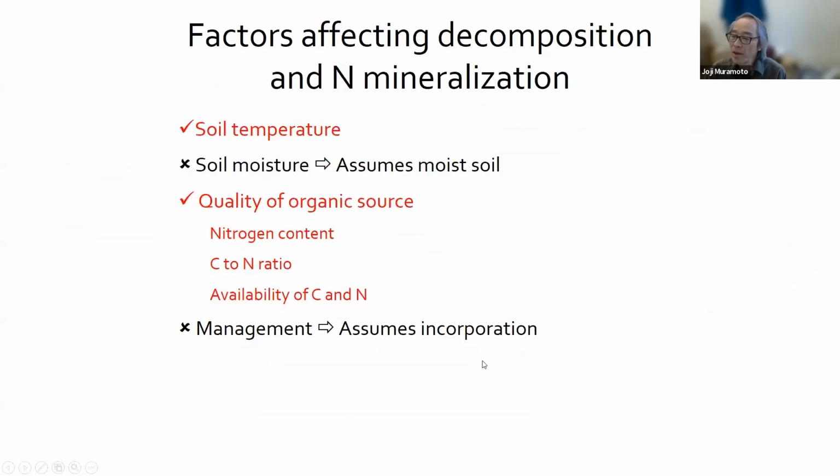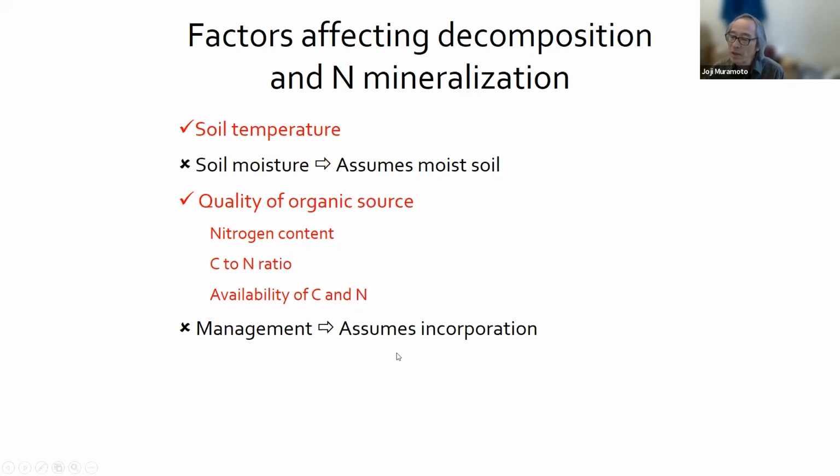Daniel's simulation model assumes soil temperature and soil moisture are consistent, because most of the time when you are growing crops, you irrigate and keep the soil moist. On top of the different quality of organic sources based on C:N ratio, this model also takes into account soil temperature differences.